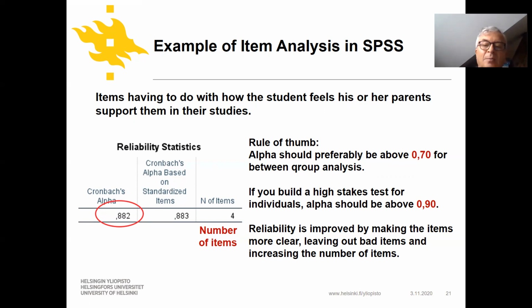And maybe if there's a connection between this support of the parents and the test results and grades of the student.